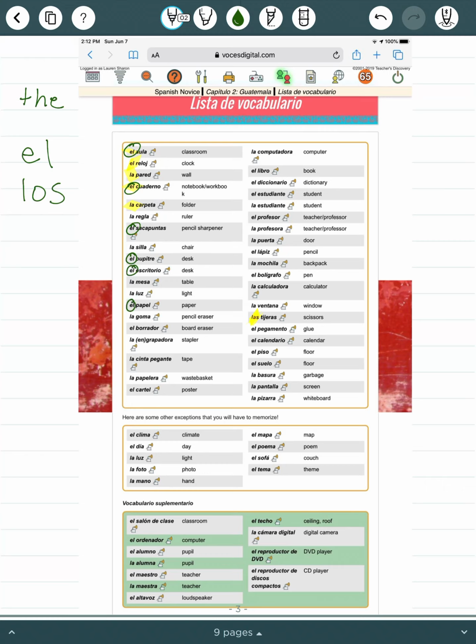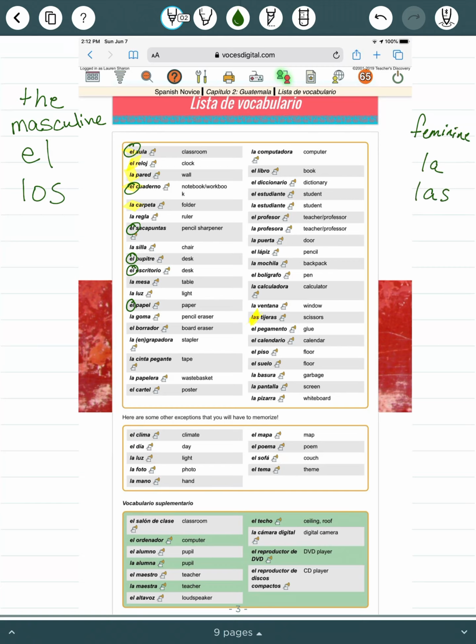So if you say la cuaderno, then you're still going to be able to be understood, but again, you kind of sound like a toddler there, so something definitely to work on. So those are the masculine words for "the." And then you also have two feminine words for "the." And the feminine words are la and las.